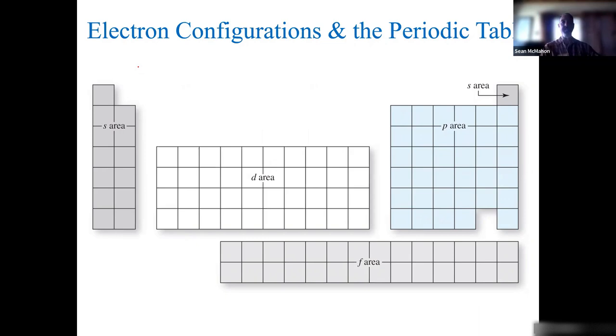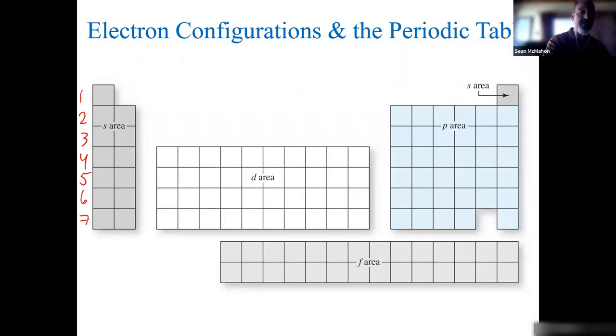So I'm splitting the periodic table to help me understand where the electrons are, what sublevels. I can use the periods, like this is period 1, 2, 3, 4, 5, 6, which are energy levels, to tell me how far they are.